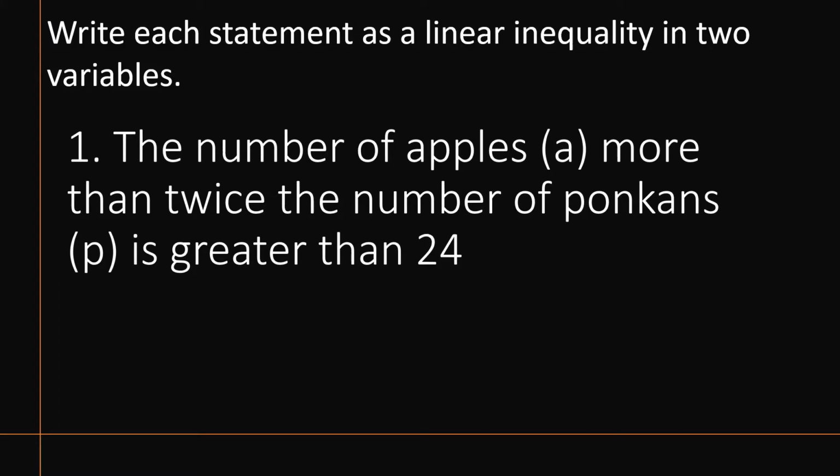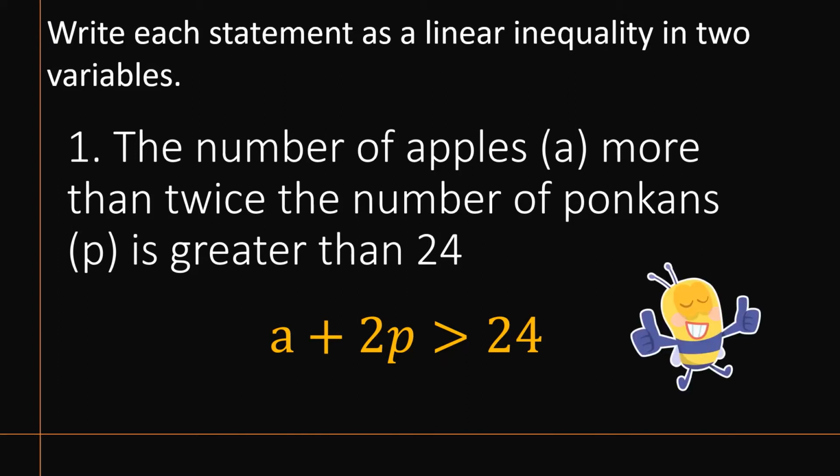Number 1. The number of apples A more than twice the number of ponkans P is greater than 24. If your answer is A plus 2P is greater than 24, then you are correct.